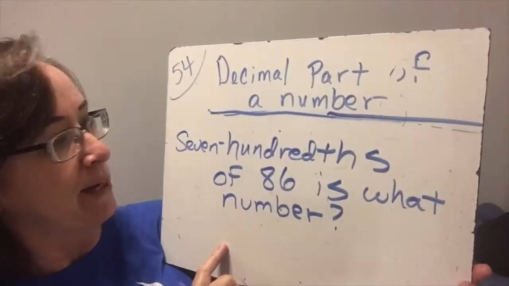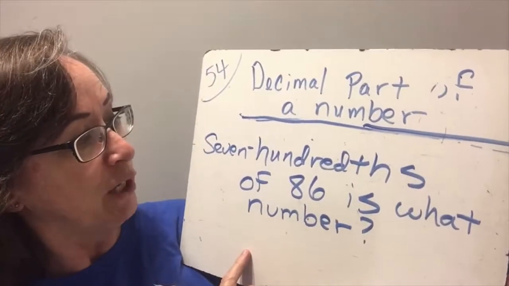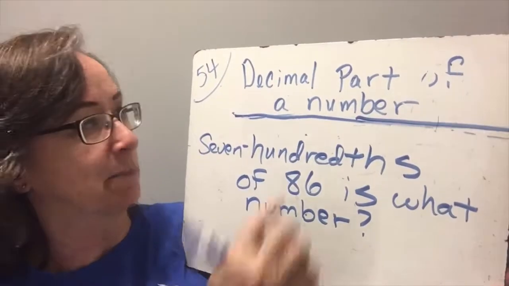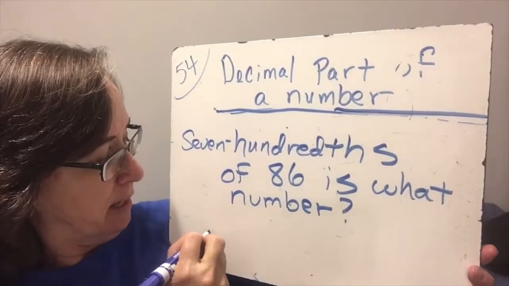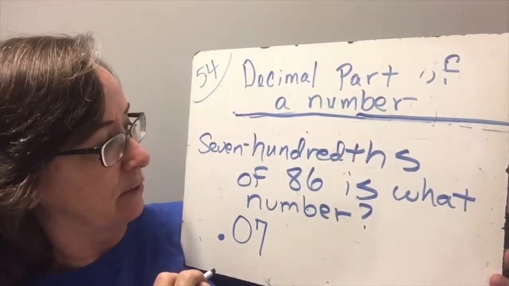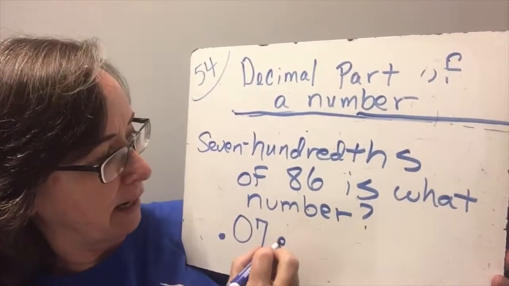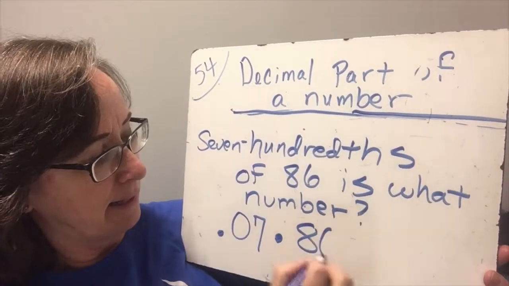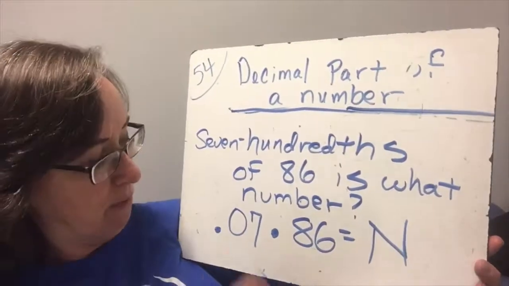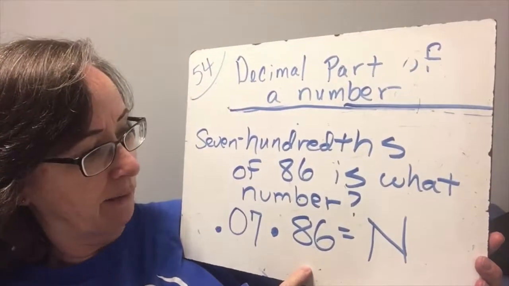Okay, hopefully you did that and you've already done your problem. So 7/100 we're going to express as a decimal because this whole thing is about decimals. 0.07 is 7/100. Of is times. 86 is what number? So we don't have to turn anything around. We have our problem already set up for us.